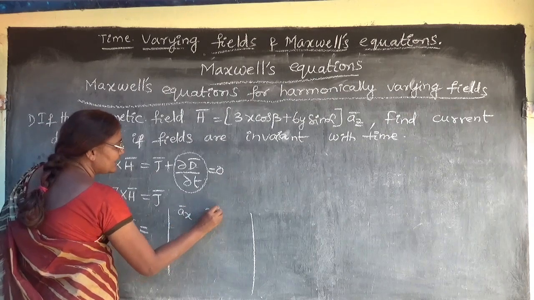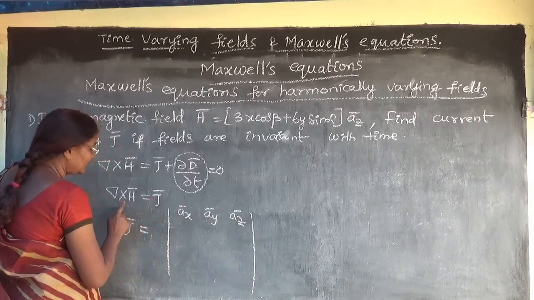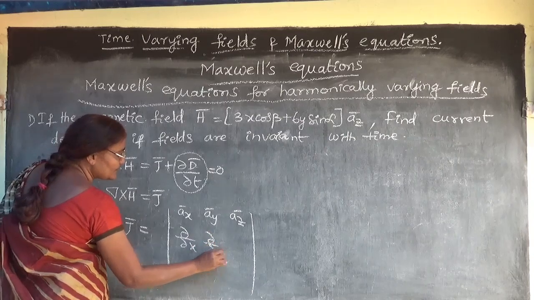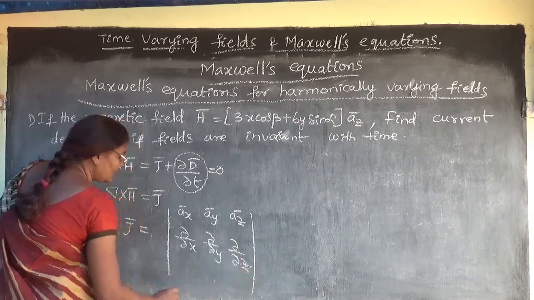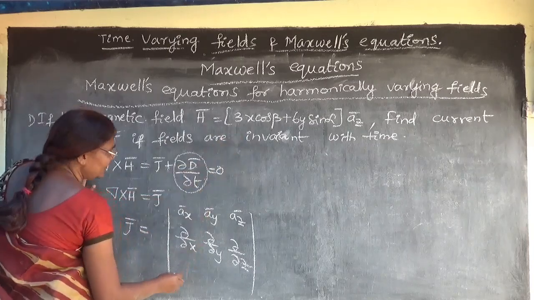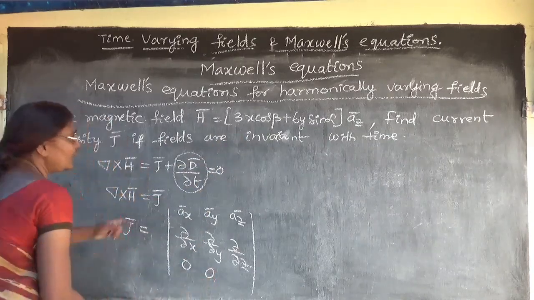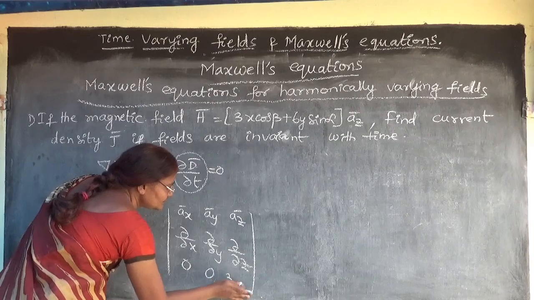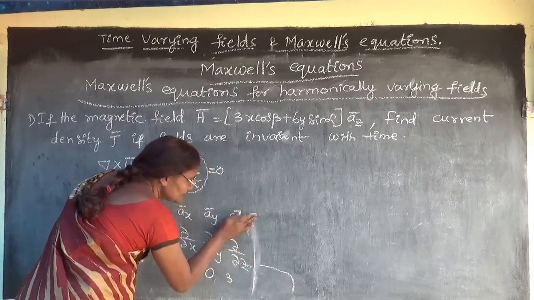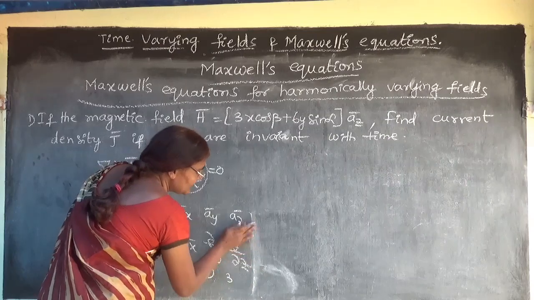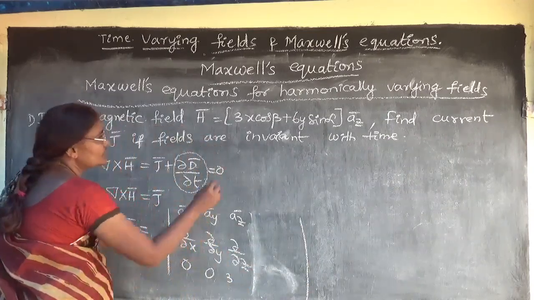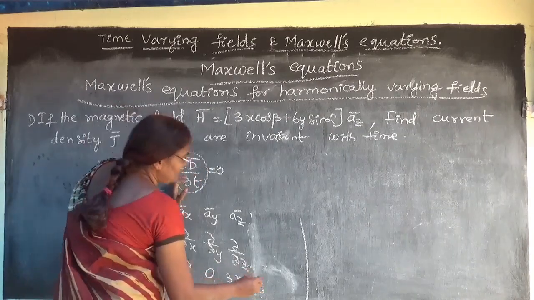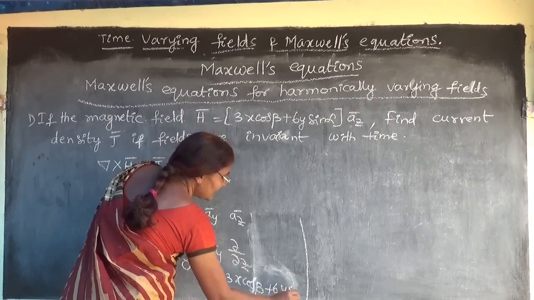Del cross H bar is equal to the determinant with rows a_x bar, a_y bar, a_z bar; del, which is dou by dou x, dou by dou y, dou by dou z; and H bar, which is 0, 0, and only a z component, 3x cos beta plus 6y sin alpha.